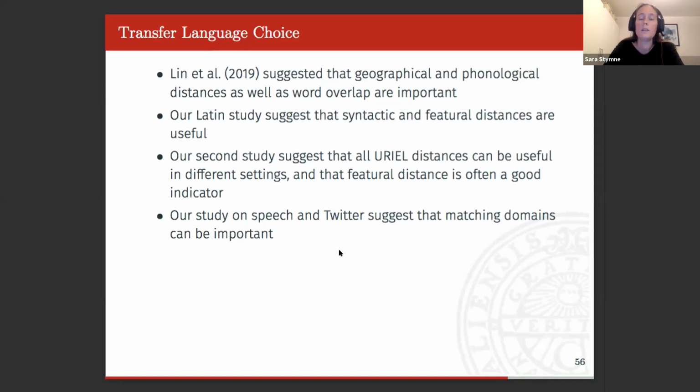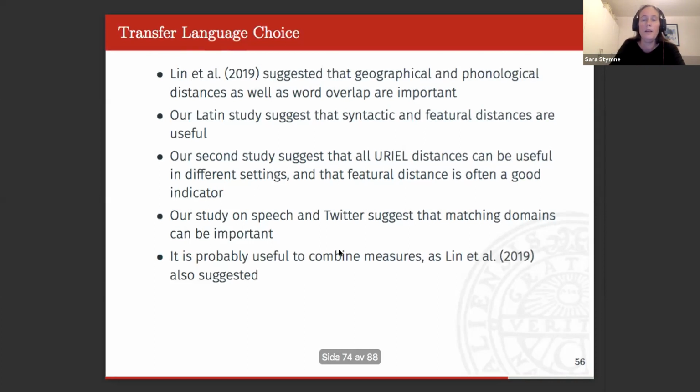And our final study also showed that matching domains can be very important. And it is probably useful to combine different measures. I mean, this is the main conclusion of Lin et al. And also the fact that featural distance is so often useful, which combines these other different linguistic measures, also indicates this. It's probably hard to find a single indicator that will work across the board.